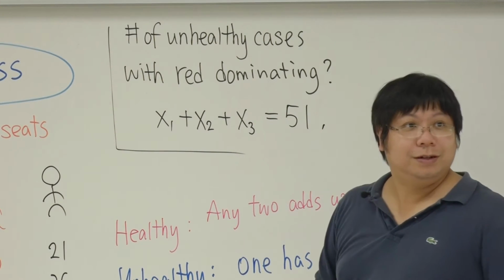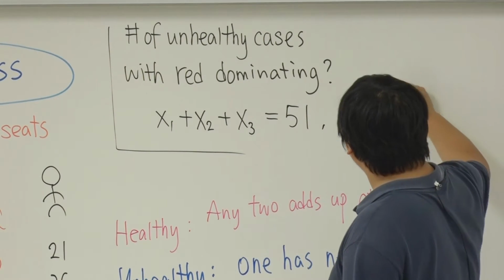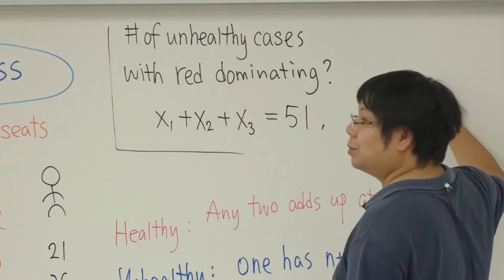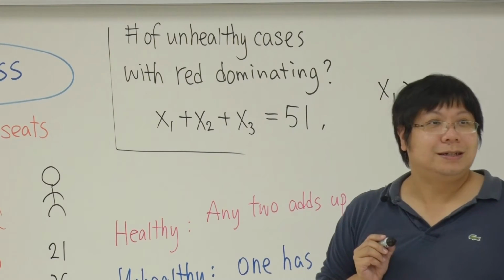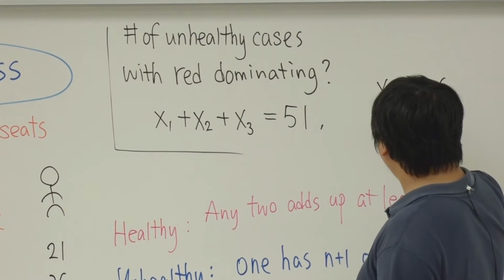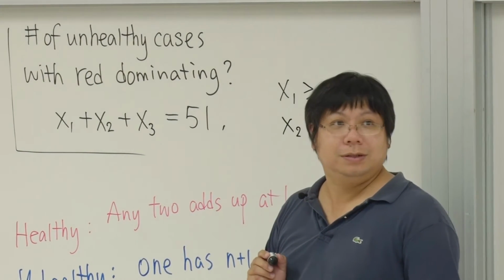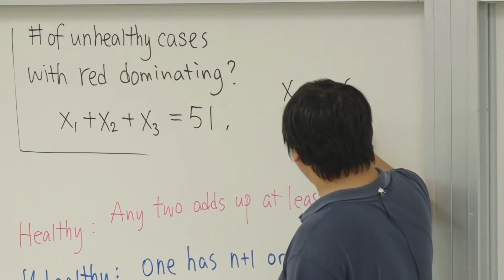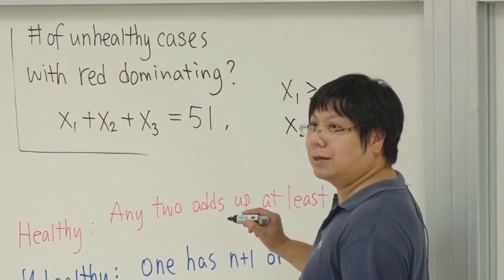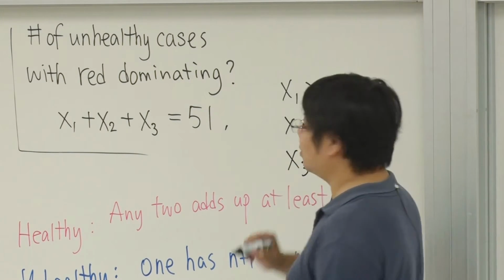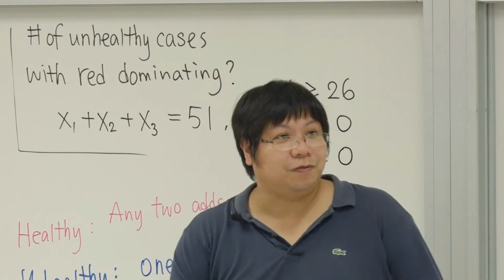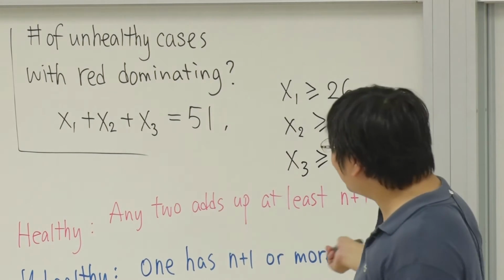So x1 is greater than or equal to 26. How about x2? Are there any constraints on x2? No, greater than or equal to 0. And x3 greater than or equal to 0. Do we know how to solve this? Yes, we know how to solve this.